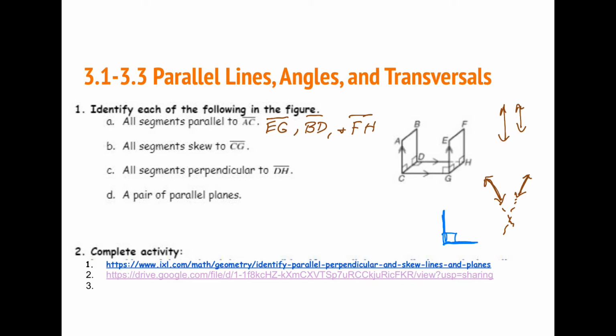Pause the video. All right, so perpendicular to DH, we have BD, we have segment FH. We also have segment CD and segment GH, so four of them there.